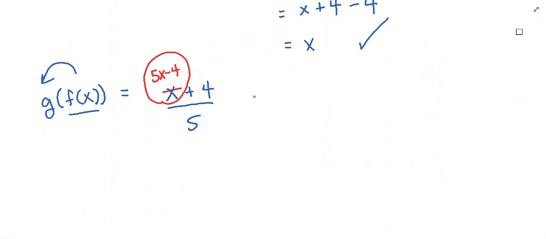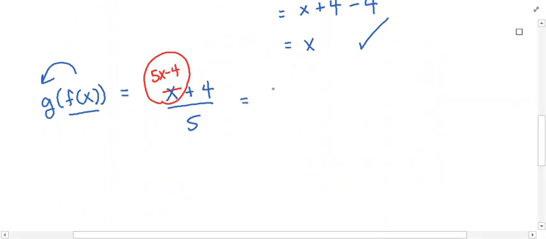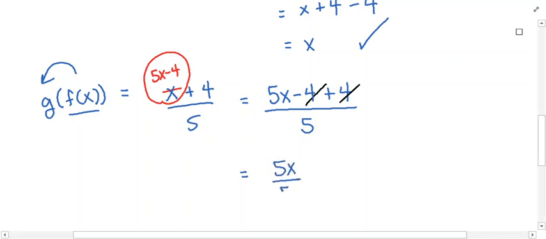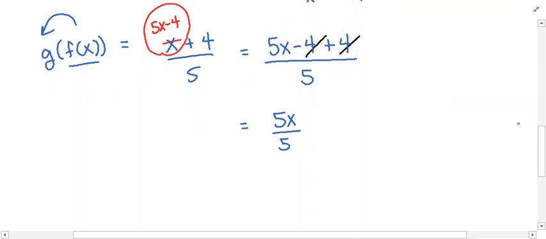All right, let's simplify. In the numerator, we have 5x minus 4, and then don't forget the plus 4. That's the new numerator. The bottom still has 5. Clean up the top: the minus 4 and the plus 4 cancel, leaving 5x in the numerator. You still have 5 in the denominator, and you see a 5 in the top and a 5 in the bottom.